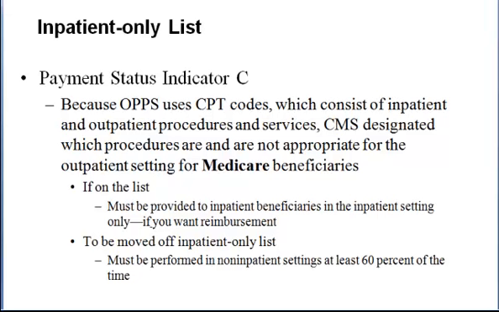To be reimbursed, procedures that are indicated as C or inpatient only must be provided to Medicare beneficiaries in an inpatient setting and then therefore paid under the inpatient prospective payment system.